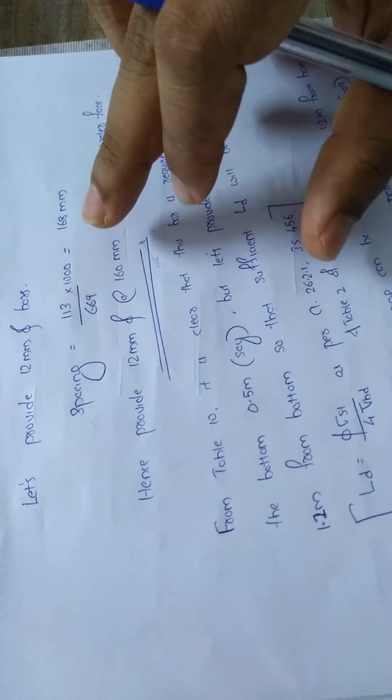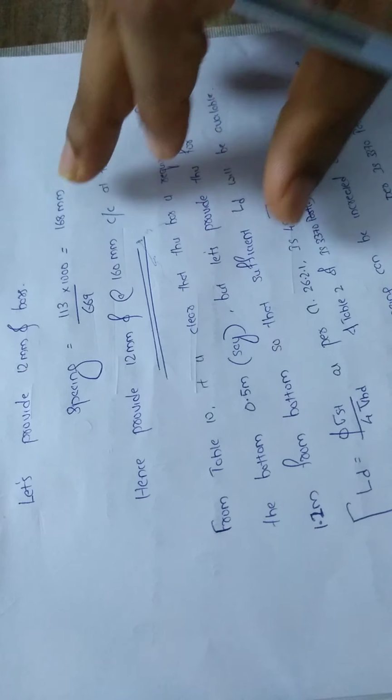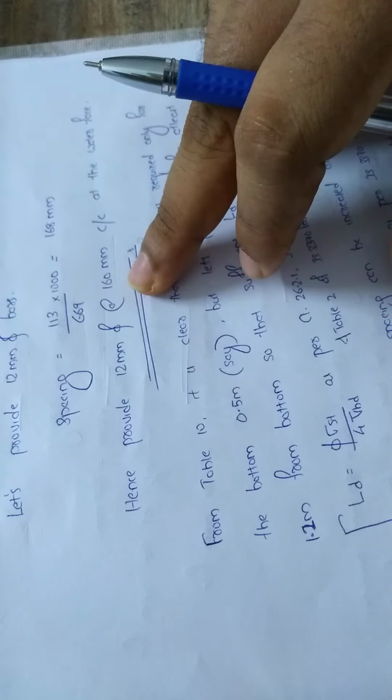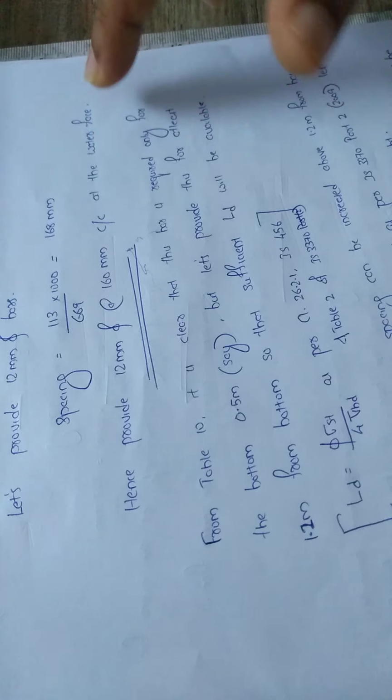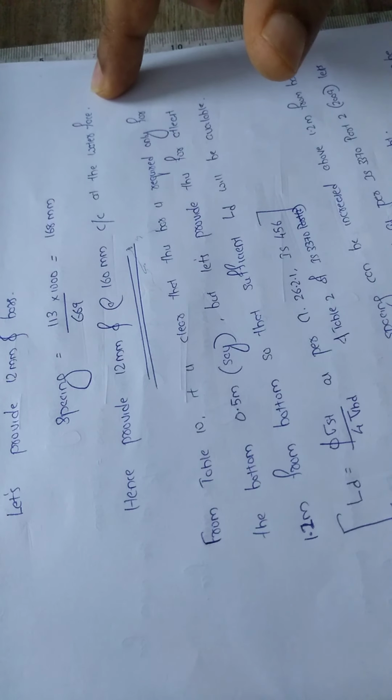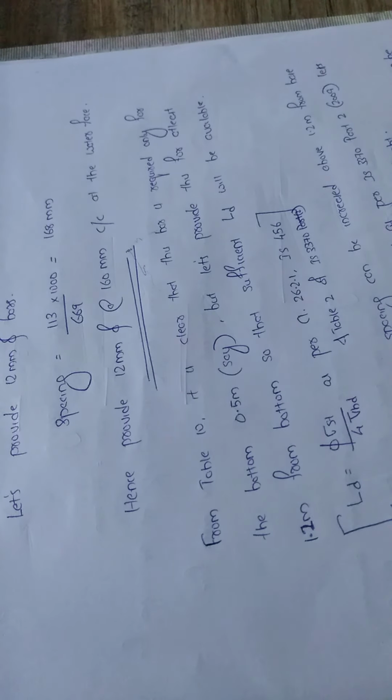Let us provide 12 mm dia bars, and the spacing of the bar will be about 168 mm. Hence we are providing 12 mm dia bars at 160 mm center to center at the water face, because it is negative. That we have seen from our step 2, right?